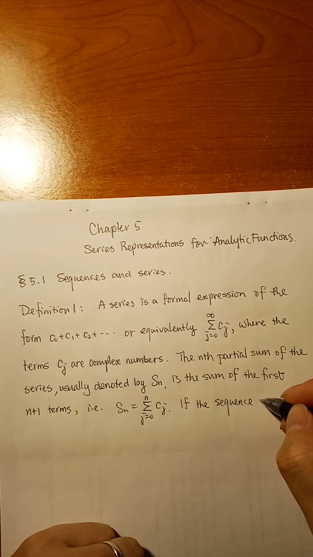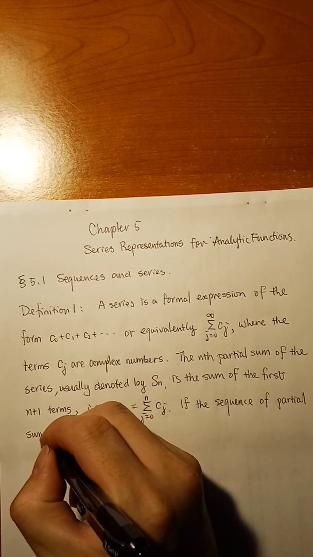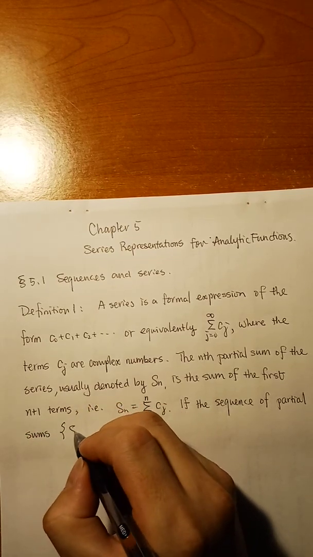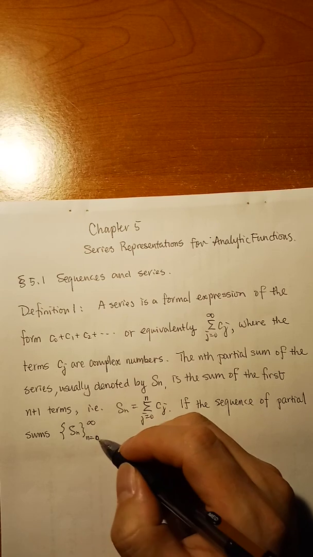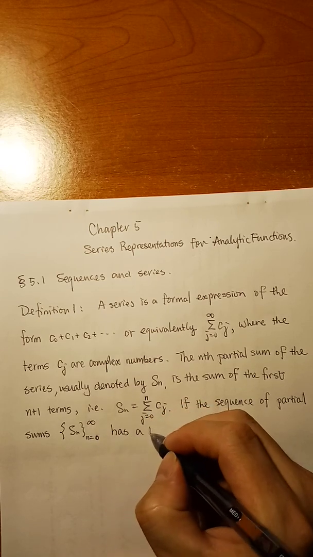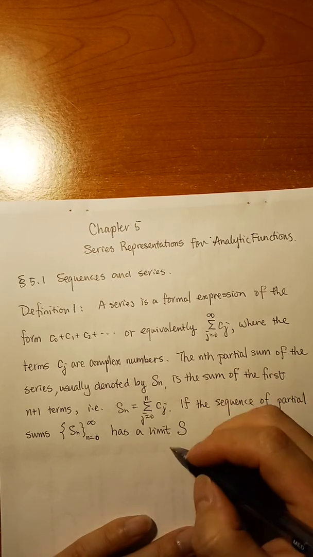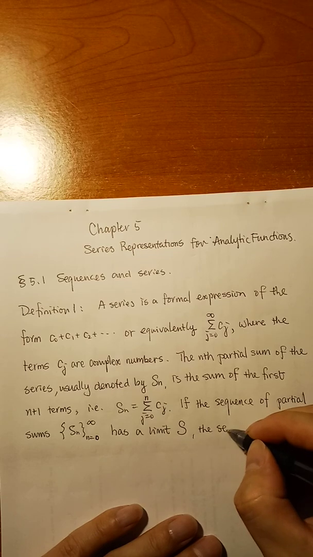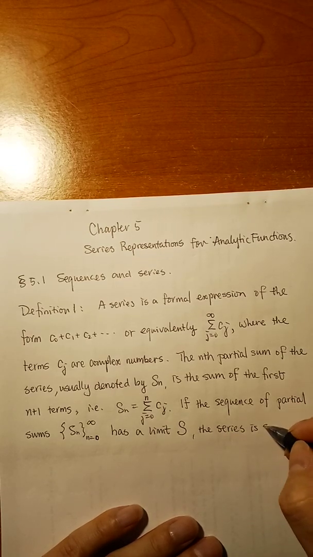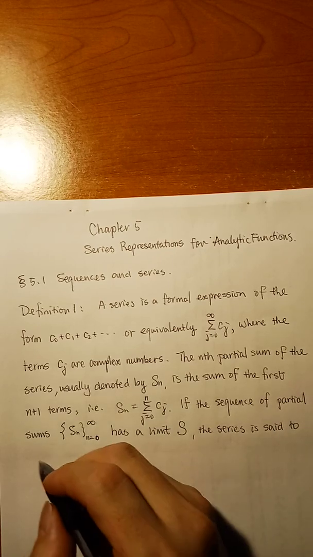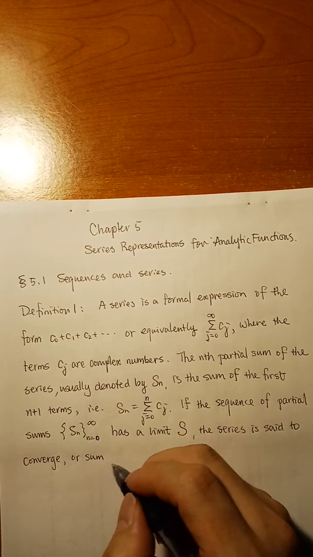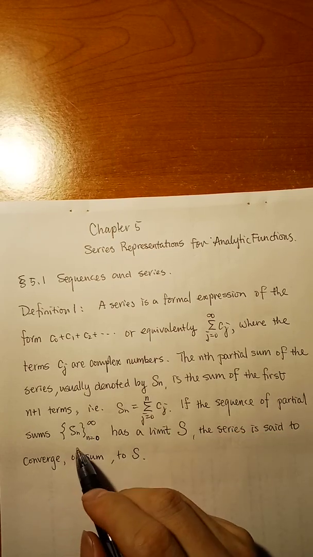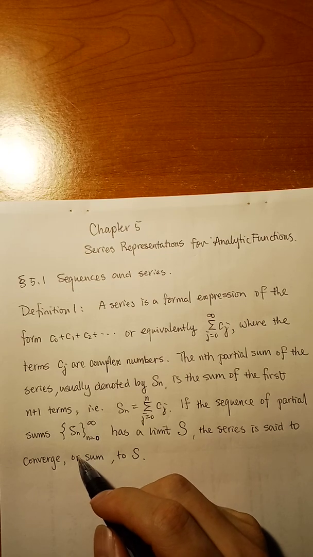The sequence of partial sums, Sn, n from 0 to infinity, may have a limit S. If it has a limit S, then the series is said to converge or sum to S. When you have a sequence in the complex plane, it may or may not have a limit.